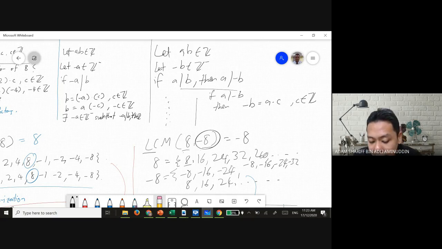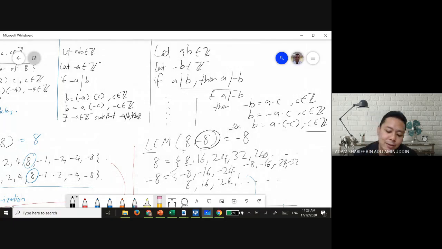Dan memandangkan B adalah multiple kepada A, B juga boleh kita transfer kepada negative sign A times C, or B equals A times negative C, merupakan also integer. Ini case ni C adalah integer, betul? Yang kedua pula, kalau kita tukar form dia, negative C pun adalah integer. So tak ada masalah.